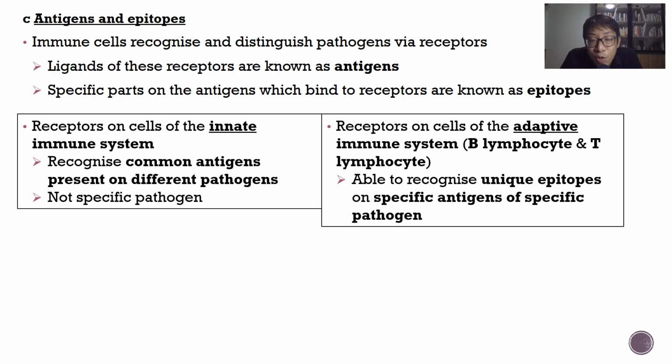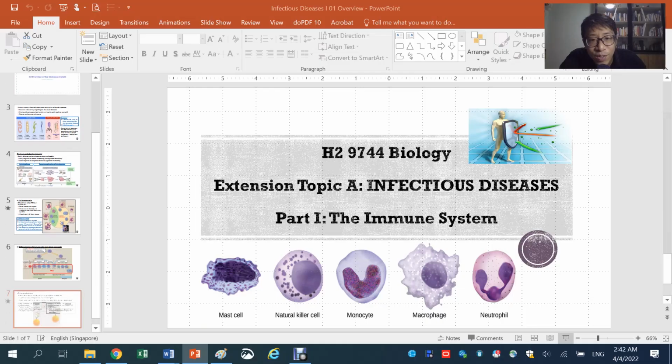So not only would the cells of the adaptive immune system be able to recognize a bacterium, they will be able to recognize which bacterium, and not just which bacterium, but probably which strain as well. So they are very specific. That's why the adaptive immune system is also described as a specific immune system. That would be all for the overview.